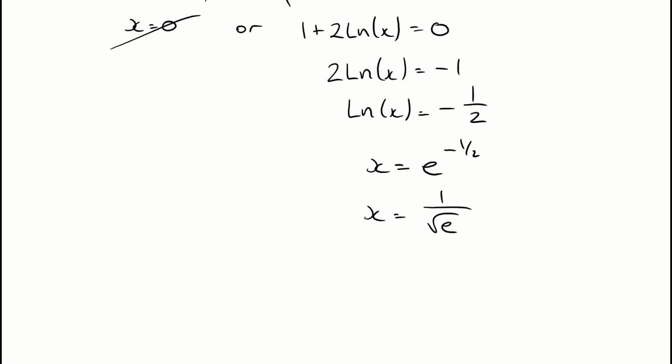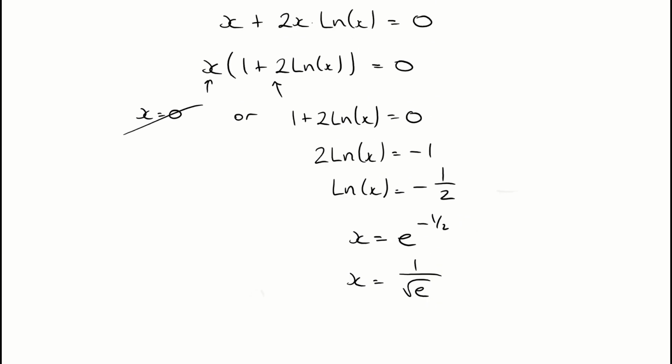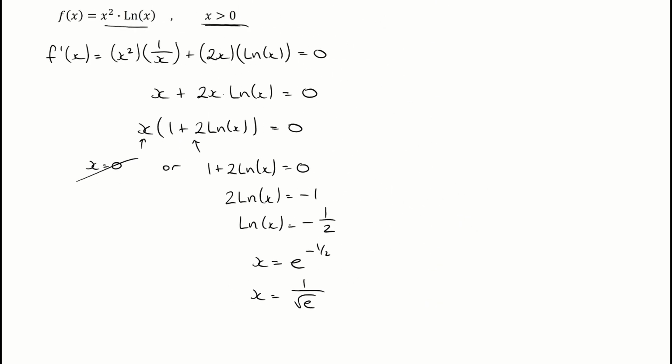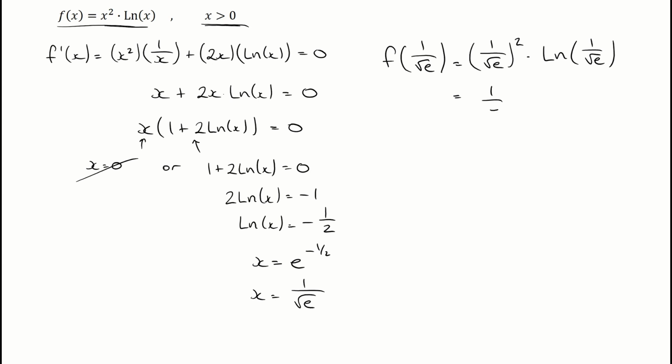Now, if I want the coordinates for that critical point, I need to put that back into f of x. So f of 1 over the square root of e, I get 1 over the square root of e all squared multiplied by the natural log of 1 over the square root of e. And if we simplify this down, this bit here just becomes 1 over e.